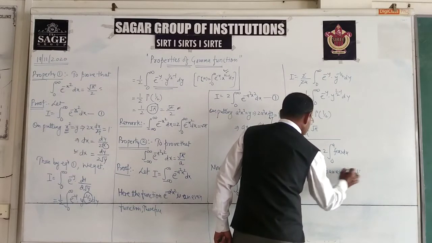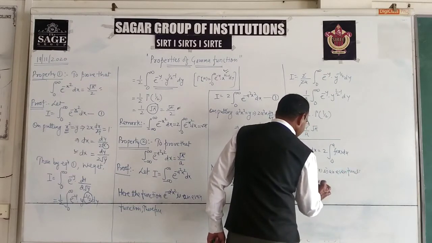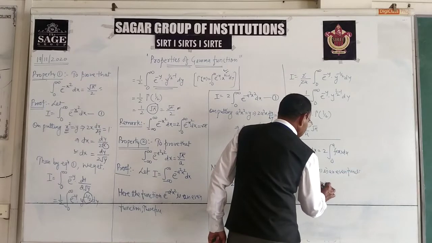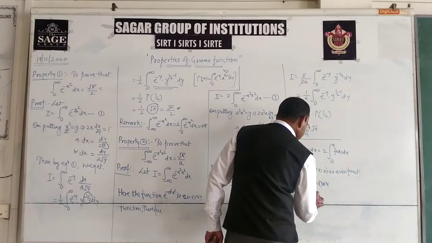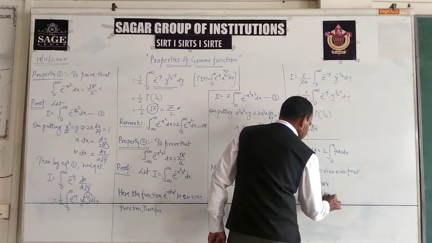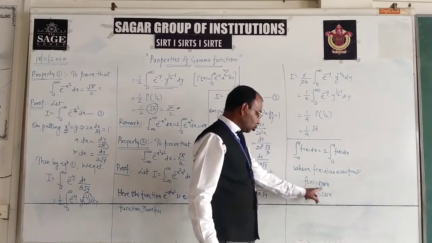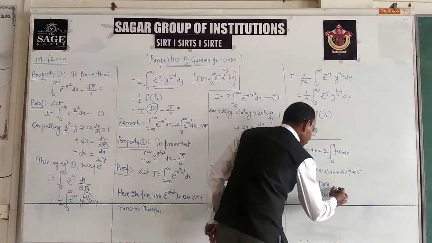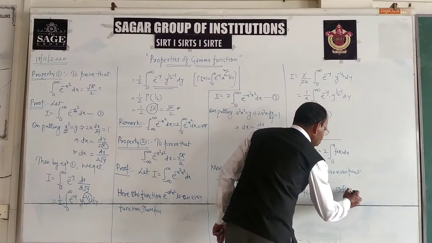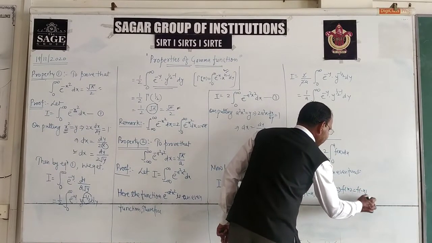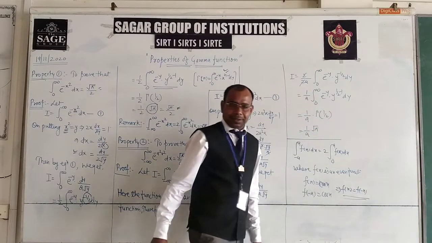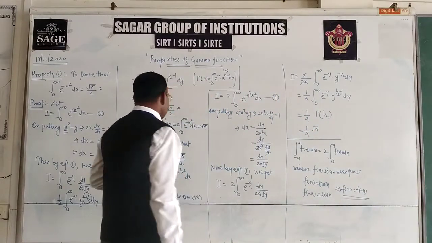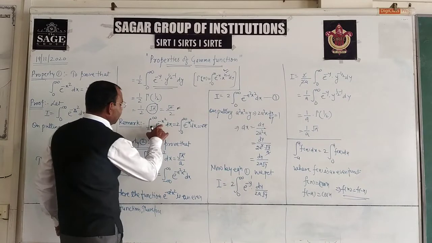Even function means, for example, f of x equal to cos x, so f of minus x is also cos x. Both are equal. Therefore, it is called an even function.